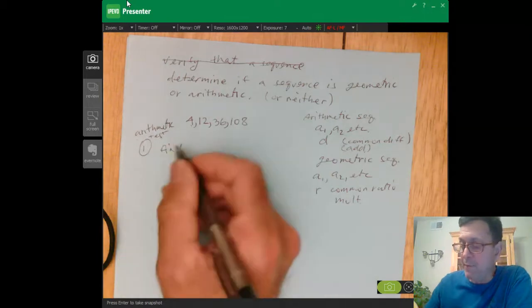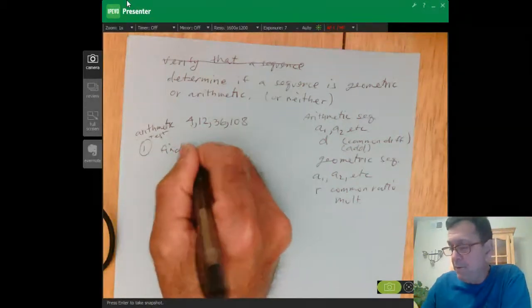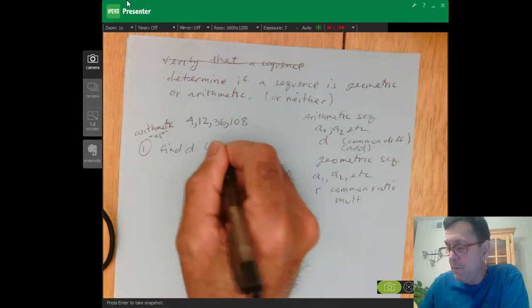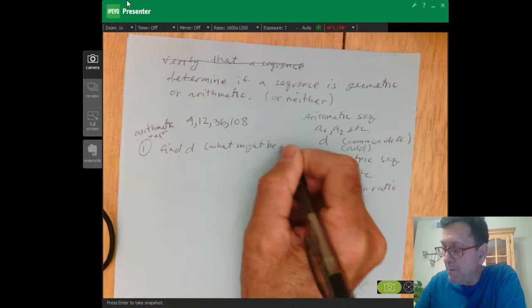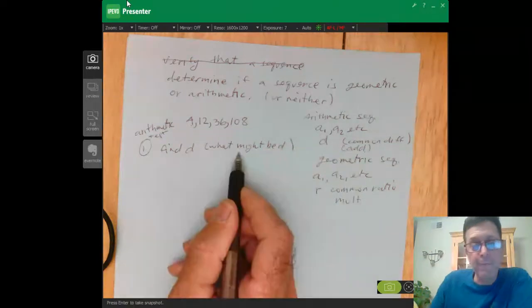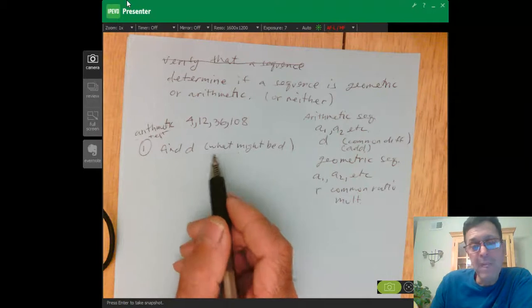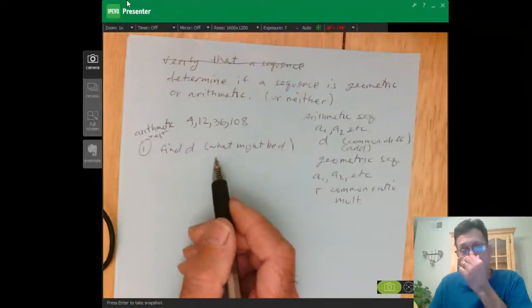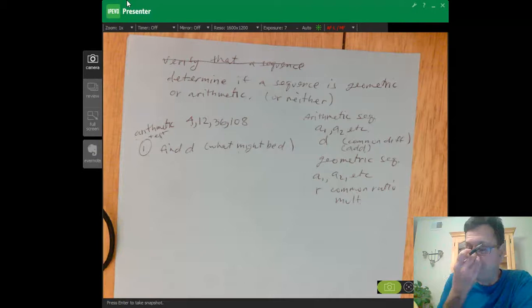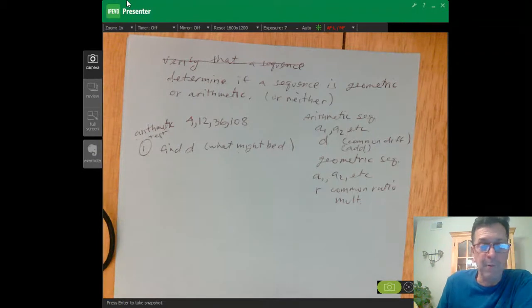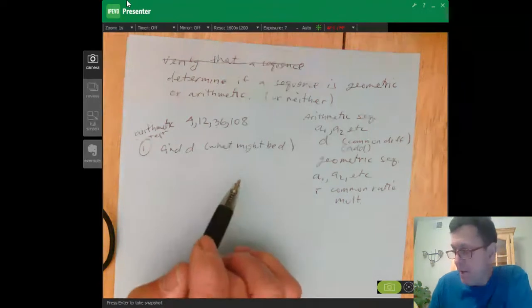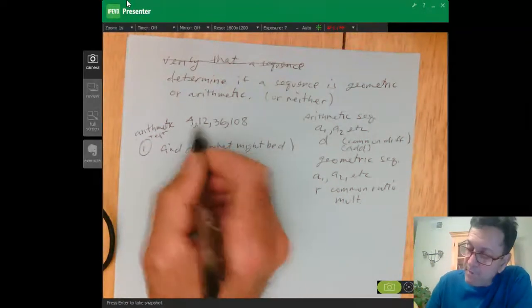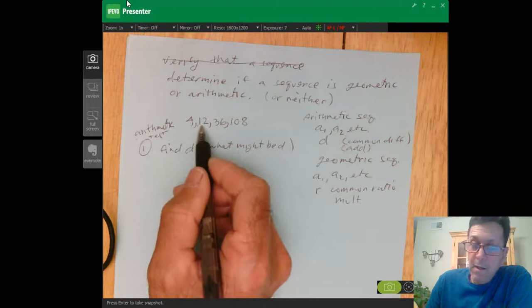To find this one, we're going to find D, or at least what might be D. So when we do this first step, we'll find a value that maybe is D. Now, if it's not D, then it could be something else completely. We don't know what it is.